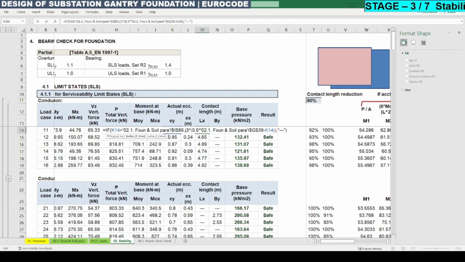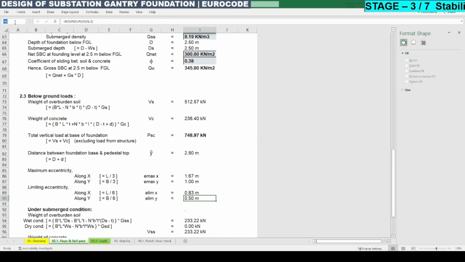So you can see here in the formula it is 3 into, so here it is defined in case this actual eccentricity is greater than the limited eccentricity, which is described in the tab foundation and soil parameter I89. So here I89 means this one.